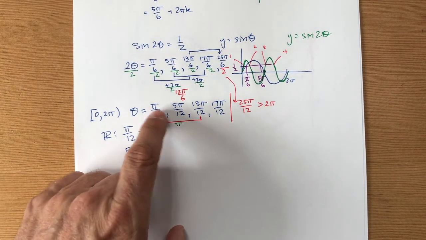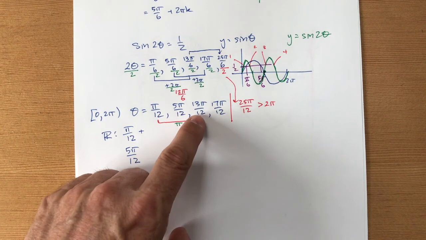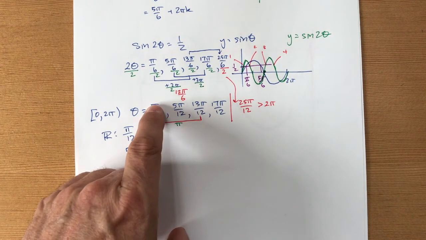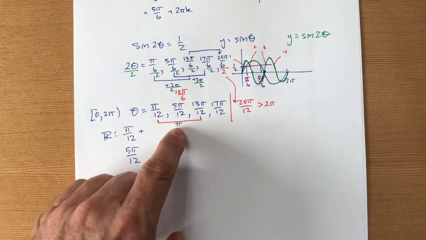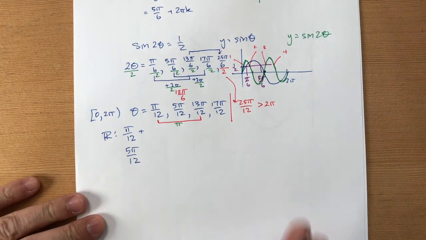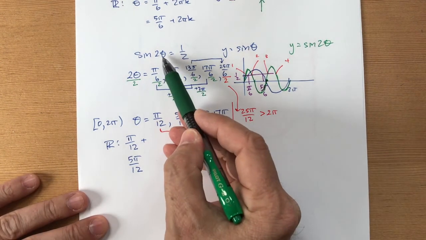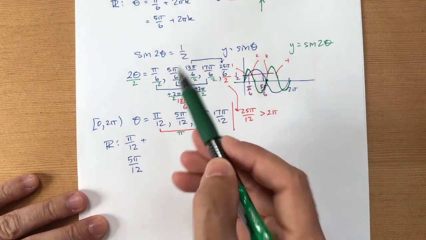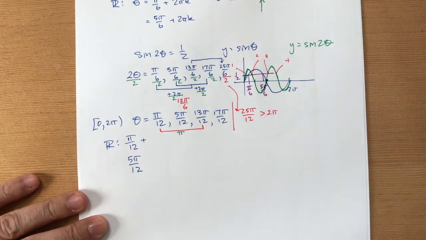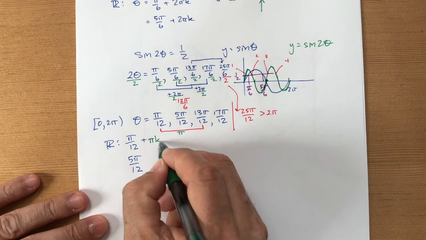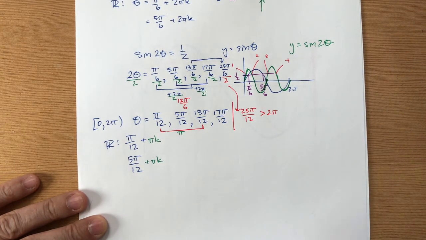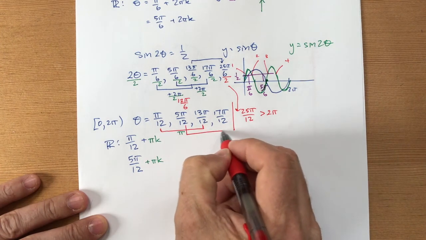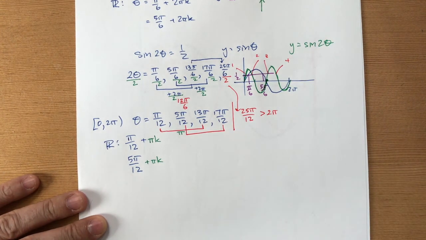Do you see how this is? If you were to subtract those, you'd get 13 minus 1, which is 12, so it'd be 12 pi over 12, which is 1 pi. And so you also know that the period length of sine of 2 theta is pi. The period length is pi. So now this is going to be pi k plus pi k, and so you should see that this answer here is also pi.